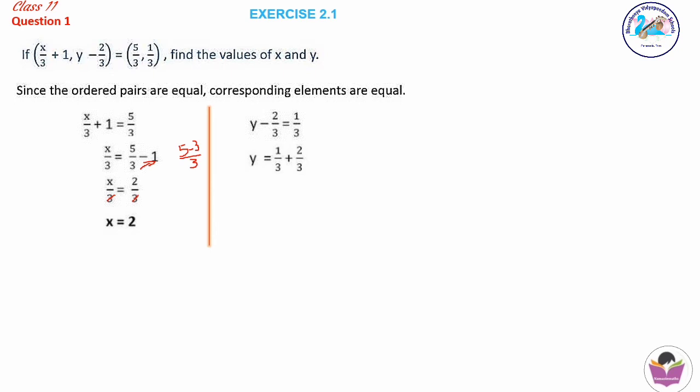Y is equal to 1/3, and this minus 2/3 comes to the right side as plus 2/3. Here the denominators are the same, so we can directly take the common denominator and simply add the numerators, that is 1 plus 2, which is 3. So 3/3 is equal to 1. So the value of x is 2 and the value of y is 1.